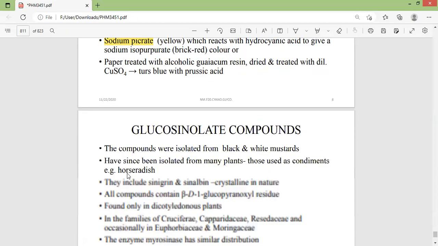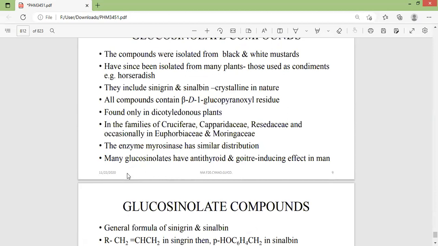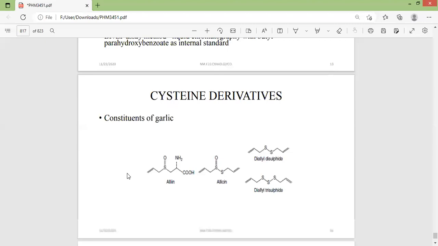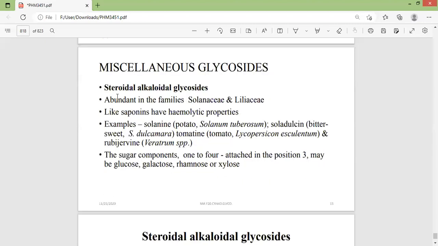Then finally, I want us to note that there are other miscellaneous glycosides, such as the steroidal alkaloidal glycosides. Remember, there was such a question in the board exam.